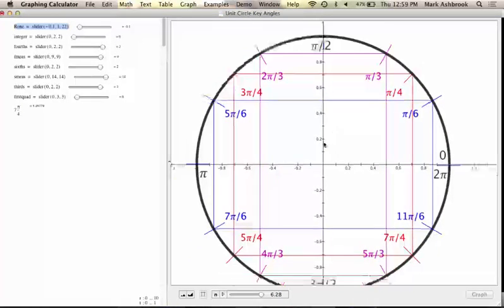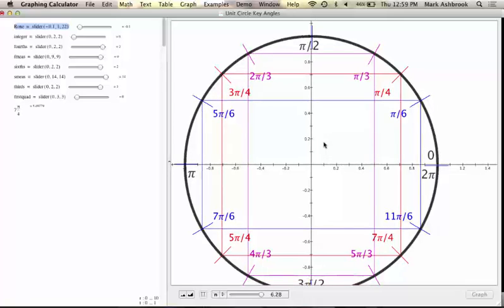All right, so now let's talk about the sine and cosine of these angles. So let's start real easy here. What's the cosine of 0?